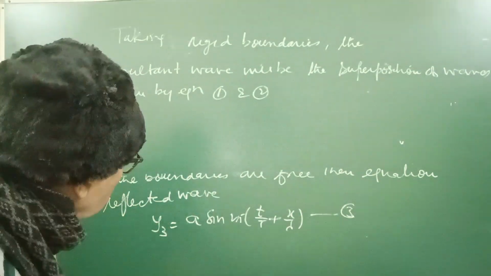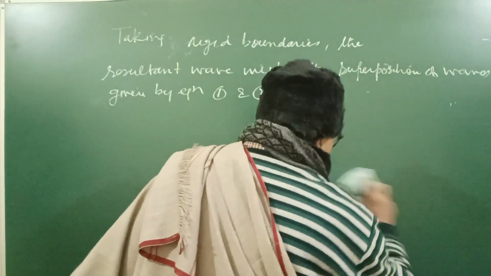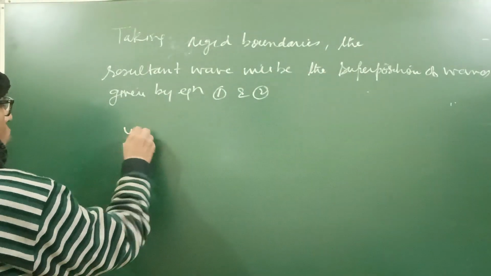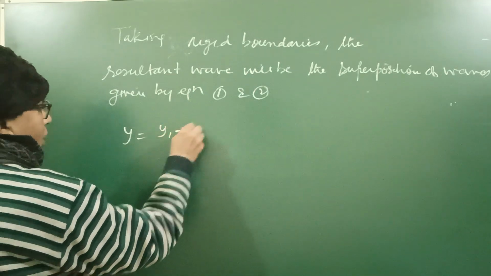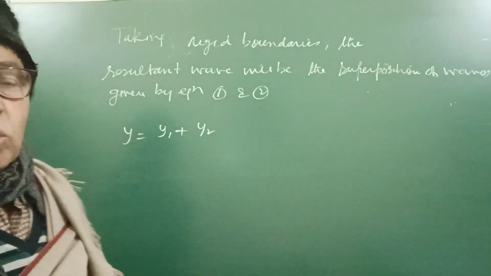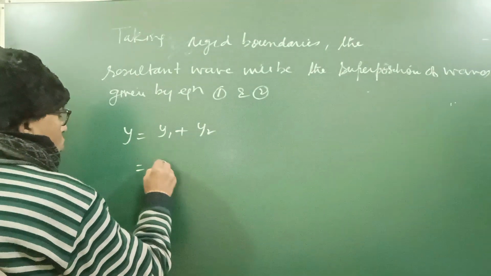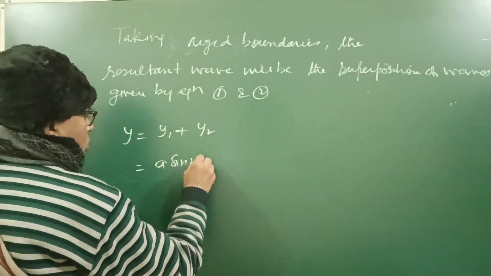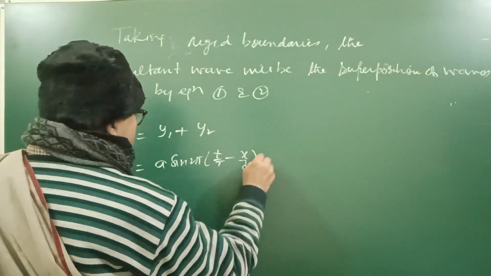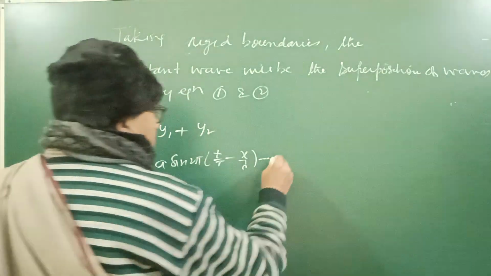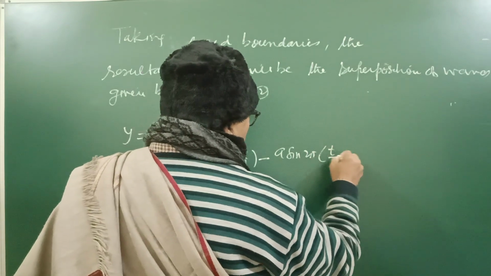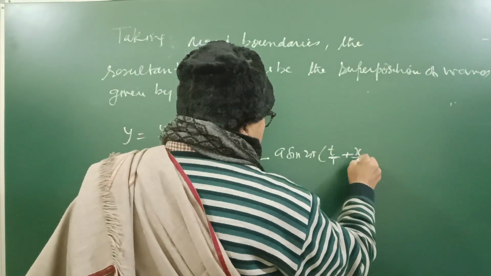So the resultant displacement y is equal to y1 plus y2, equal to a sine 2 pi t upon T minus x upon lambda minus a sine 2 pi t upon T plus x upon lambda.